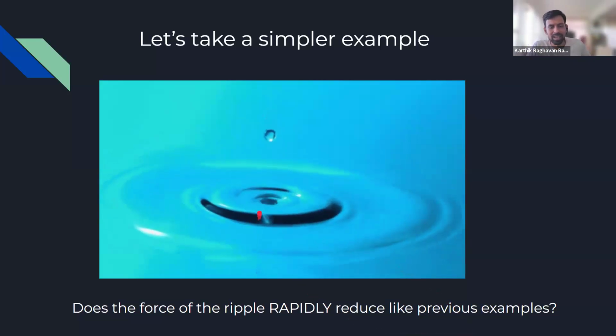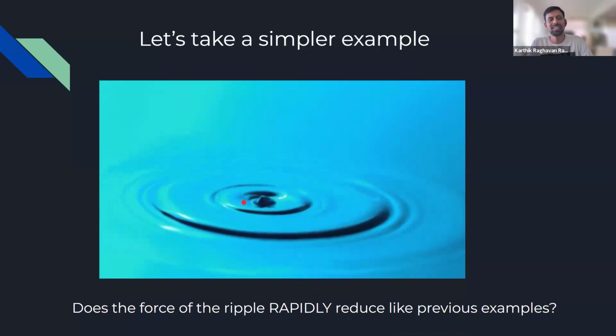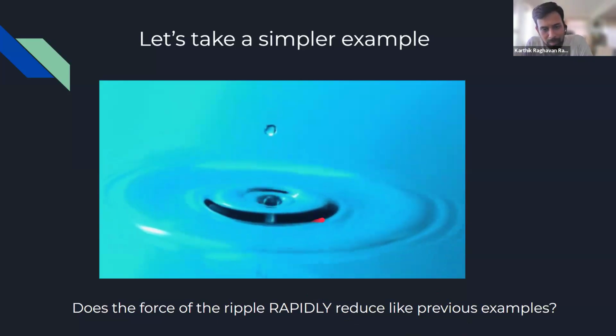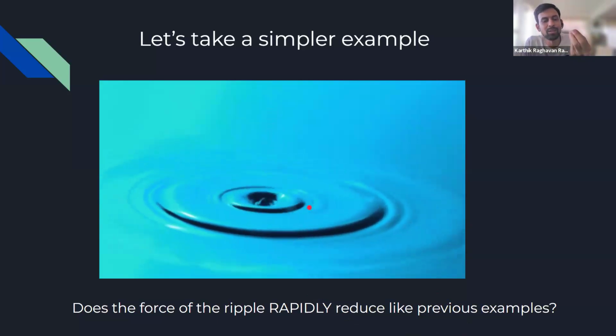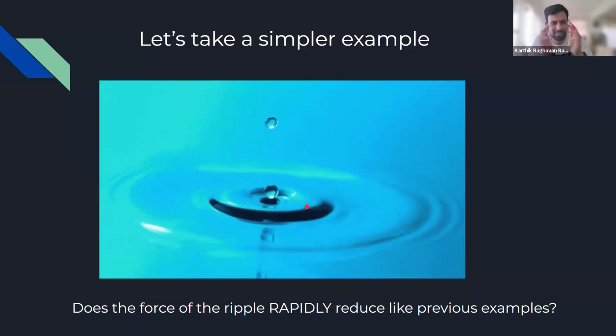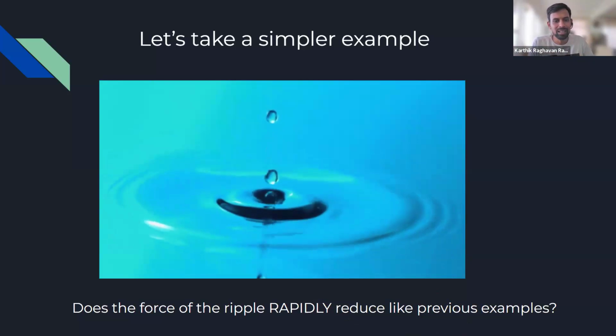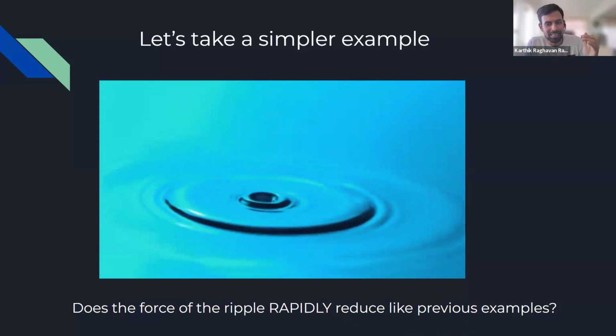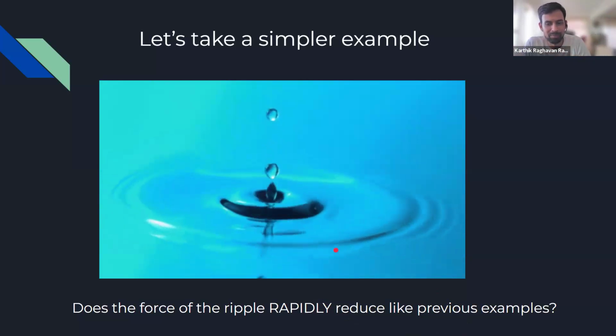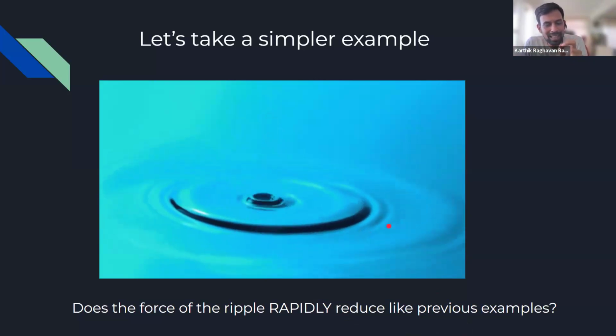Now, the question that I want to ask you is, look at the height of the ripple, because the ripple is basically the force, right? The water droplet's force is spreading outwards, and visually you can see that force as a ripple. So the force reduction you can see as the height of the ripple, correct? So look at the height of the ripple.